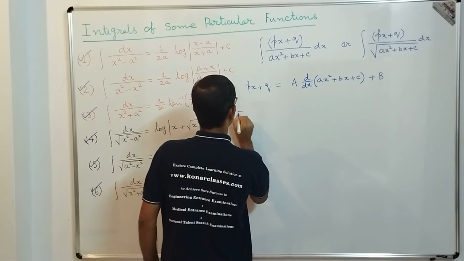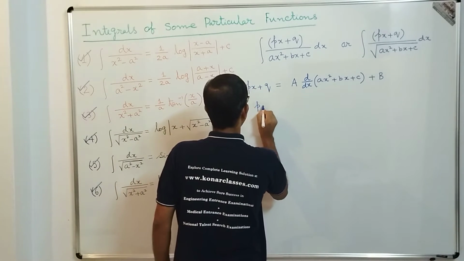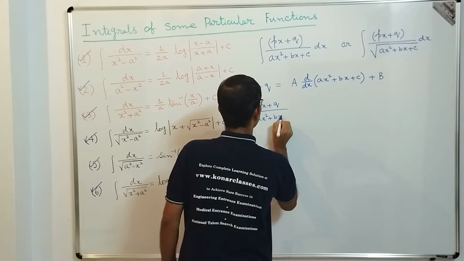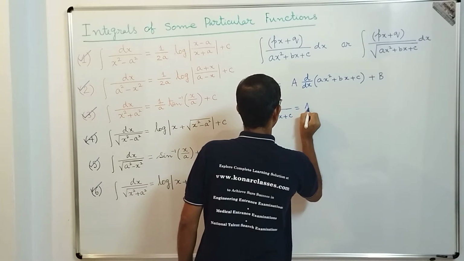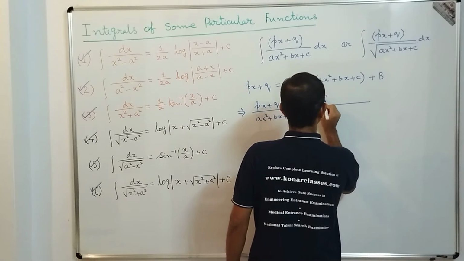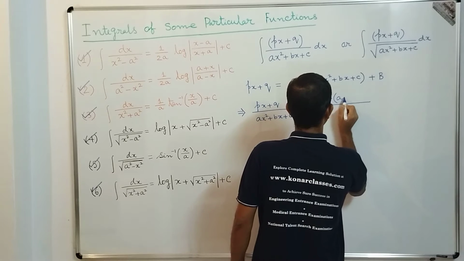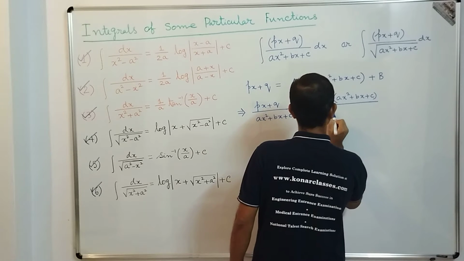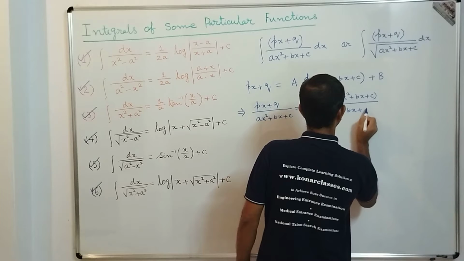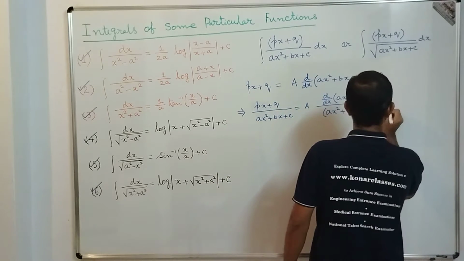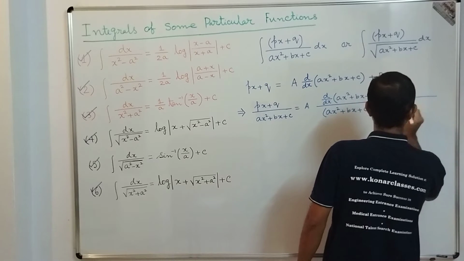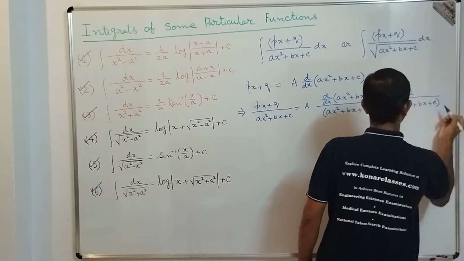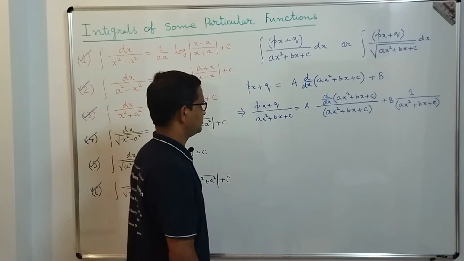Then (px + q) divided by (ax² + bx + c) becomes A times, in the numerator, d/dx of (ax² + bx + c) divided by (ax² + bx + c), plus B times 1 by (ax² + bx + c). Now if we perform integration, what will happen?